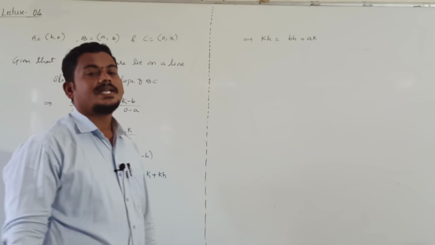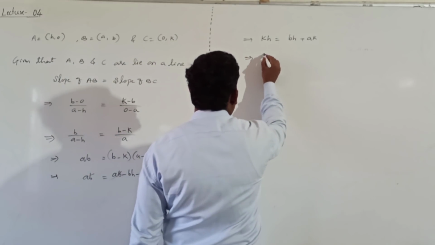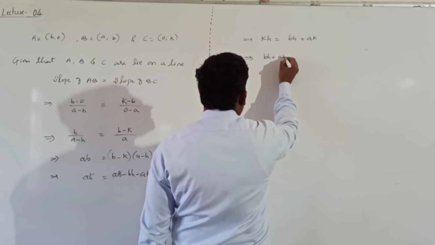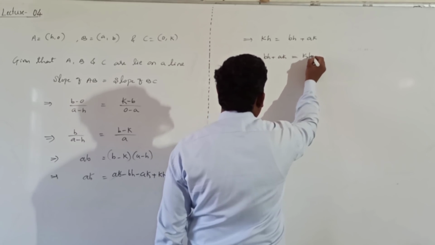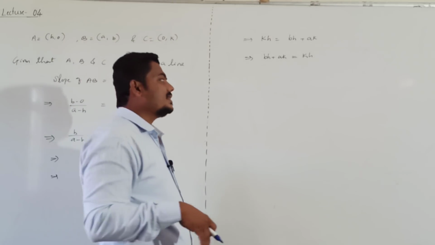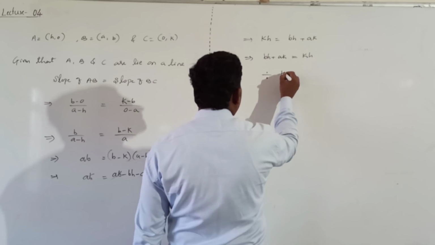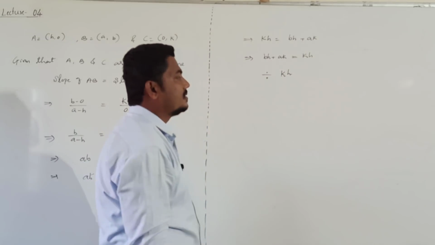So bh plus ak is equal to kh. But our requirement is 1 in the RHS, so we just divide throughout the expression by kh.